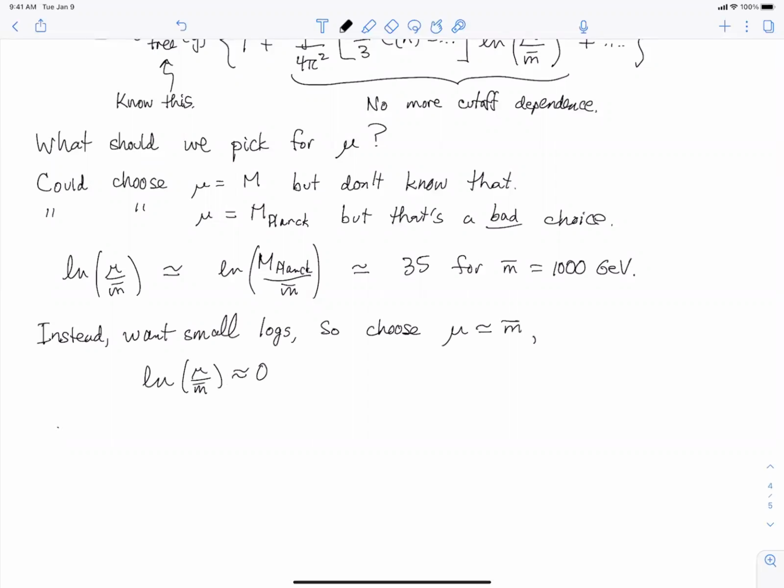Okay, and so d sigma will be the tree level value times 1 plus small calculable corrections. So maybe I'm exaggerating when I say small.